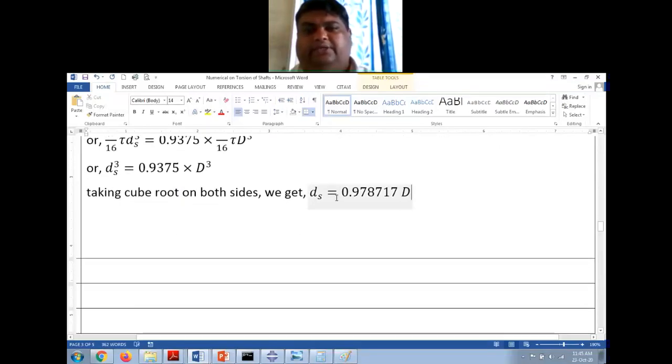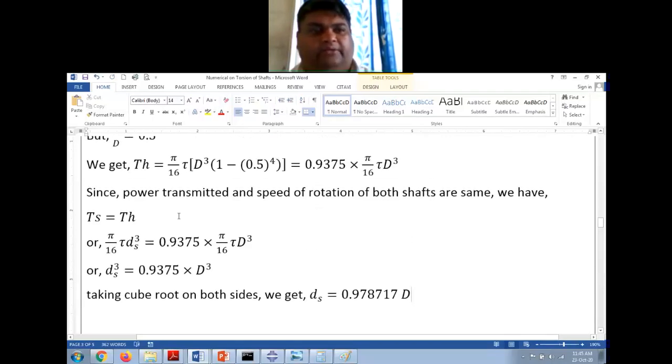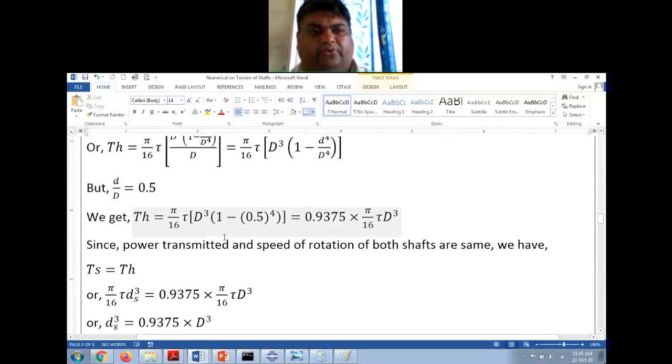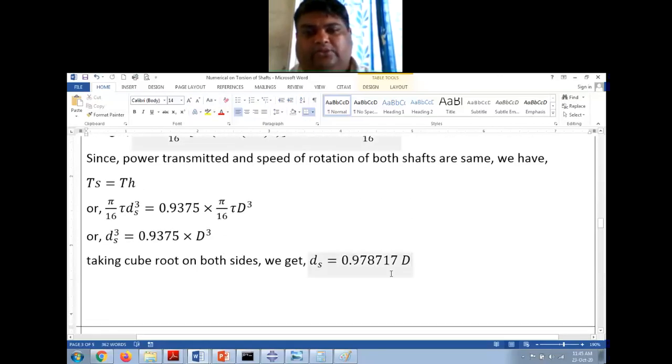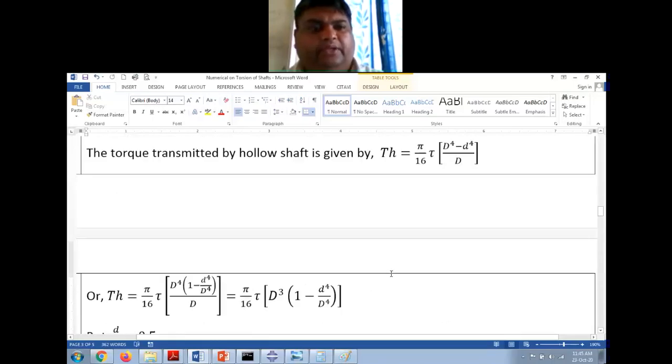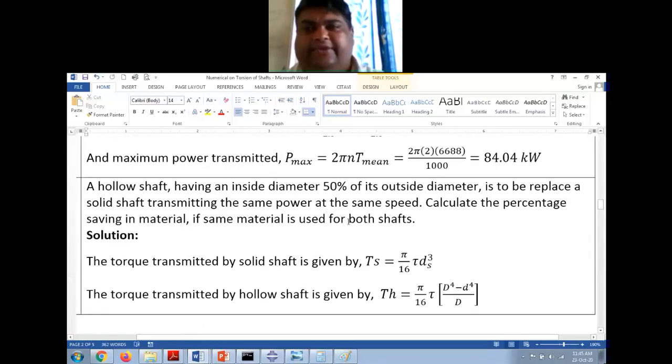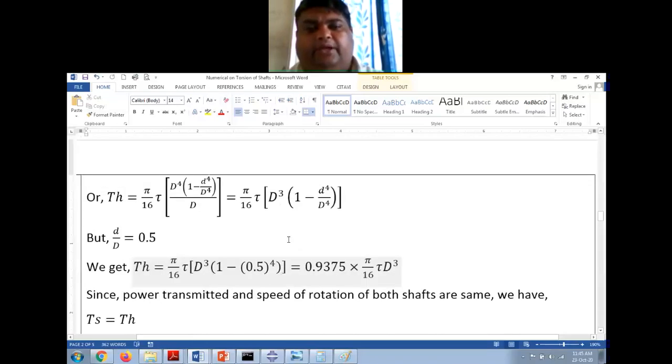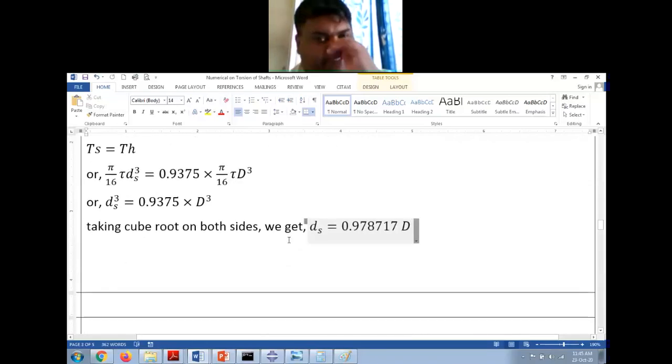So I have a relation between ds and D, and there is a relation between D and small d, right? Small d is half of this. Now using this, what you have to do is you have to find the percentage saving in the material. Now percentage saving in the material is basically how much of material you can save.